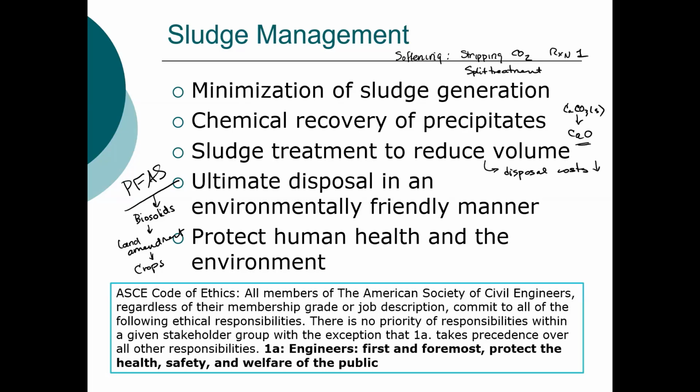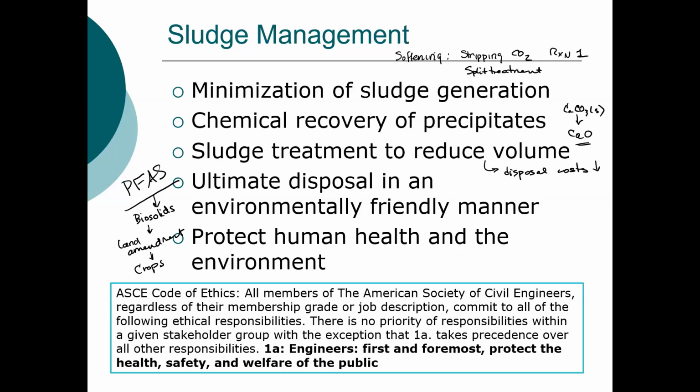The Lapeer plant took waste from an electroplating operation. The electroplating operation used PFAS chemicals. There was no permit in the industrial pre-treatment permit, or no information in the industrial pre-treatment permit for that electroplating operation that dealt with PFAS.